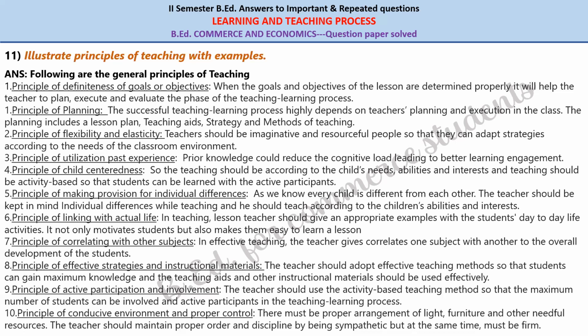The general teaching principles are: principles of definiteness of goals and objectives, principles of planning, principles of flexibility and elasticity, principles of utilization of past experience, principle of child-centeredness, principle of making provisions for individual differences, principle of linking with actual life, principle of correlation with other subjects, principle of effective strategies and instructional materials, principles of active participation and involvement, principles of conducive environment and proper control.